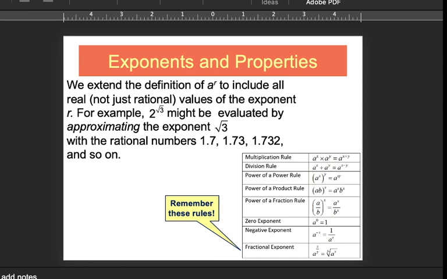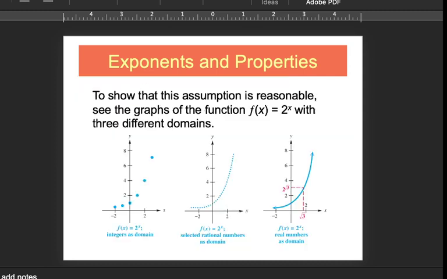Here are some properties again of exponents. If we have this graph of f of x equals 2 to the power of x, the more values we plug in for x, the more points we get. We can look at integers for the exponent: 2 to the power of 2, 2 to the power of 3, 2 to the power of 4, etc. That gives us those points.